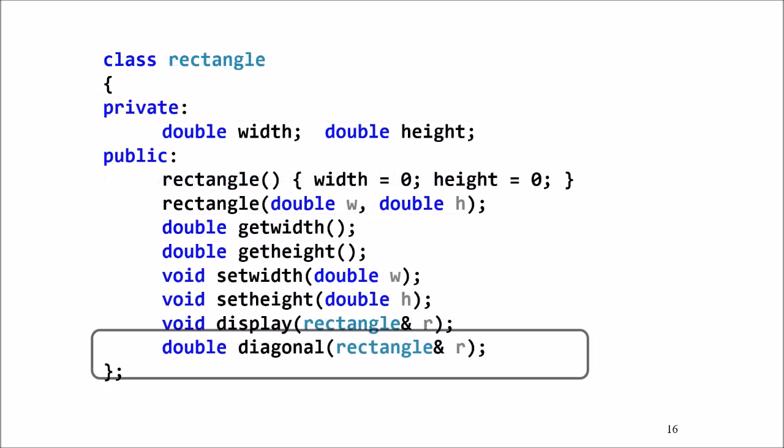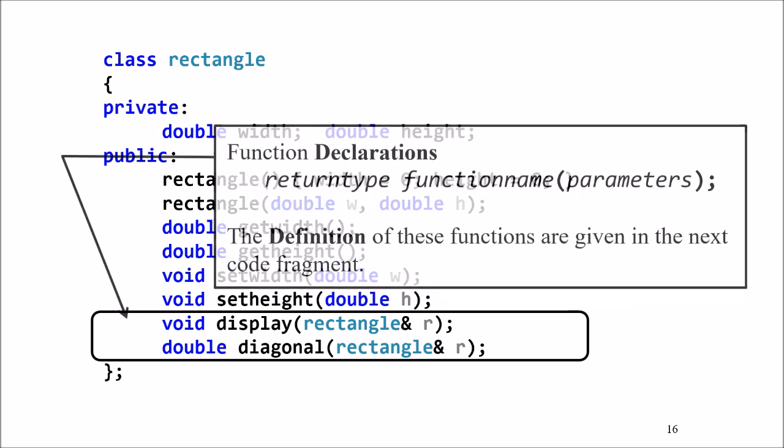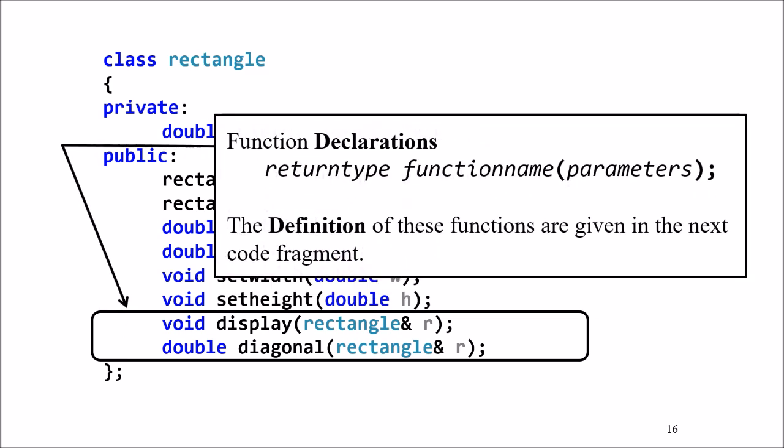The last two functions in this class definition are more general purpose functions. They do a bit of a calculation, or they return some other information about the object. So I don't have any special names for these functions, but they follow the same format as the other functions.